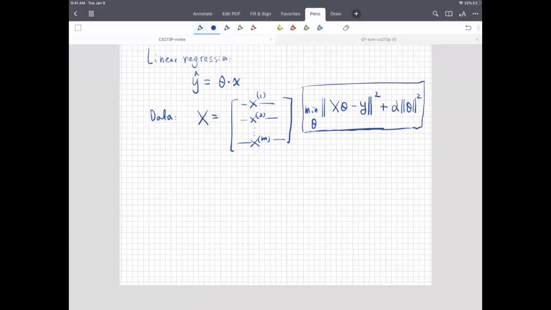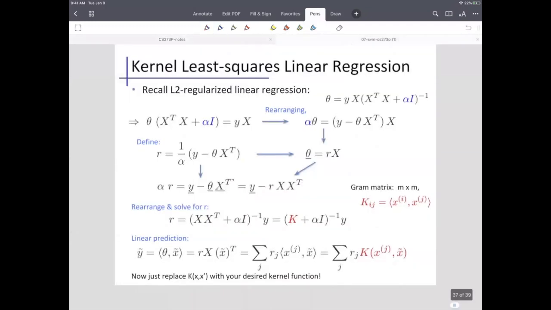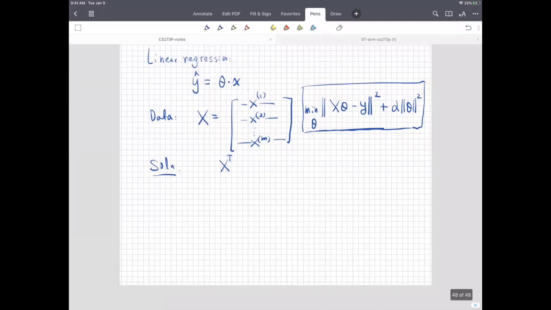It is written in this form. And we say that the solution to this problem can be written down in the form of the normal equations. So in terms of normal equations, it is written as x transpose x plus alpha identity matrix times theta equal to x transpose y.